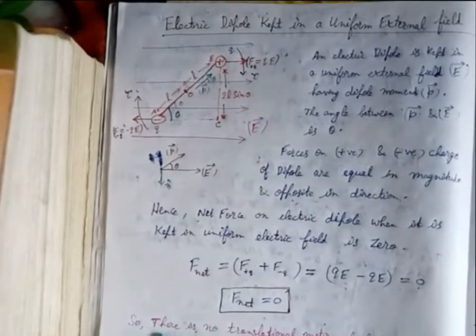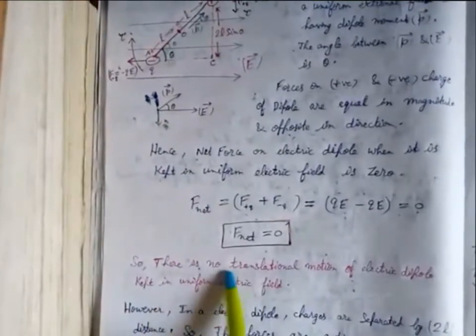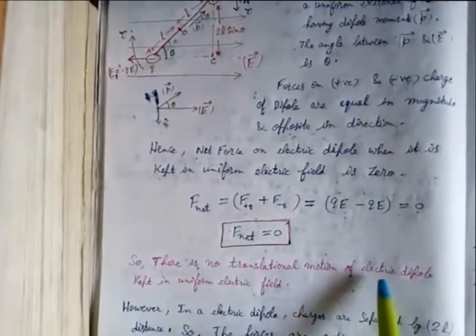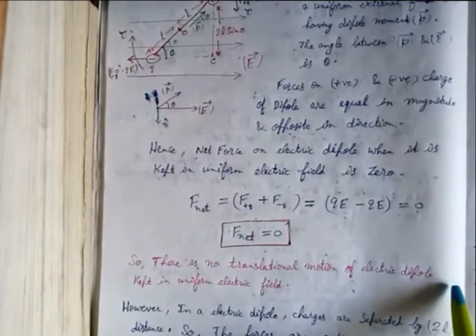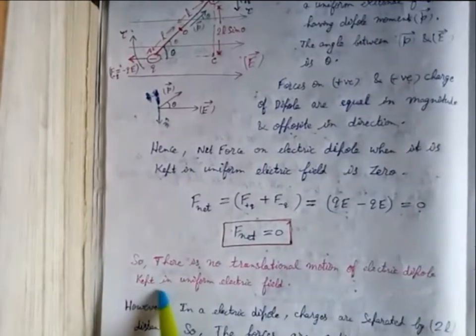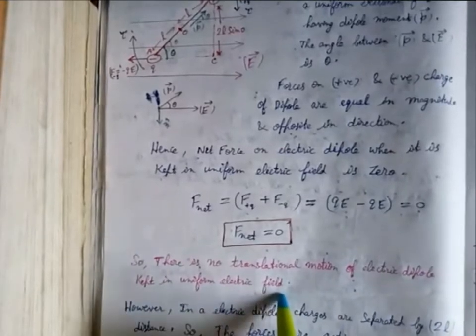So there will be no translational motion of the electric dipole when it is kept in a uniform electric field.